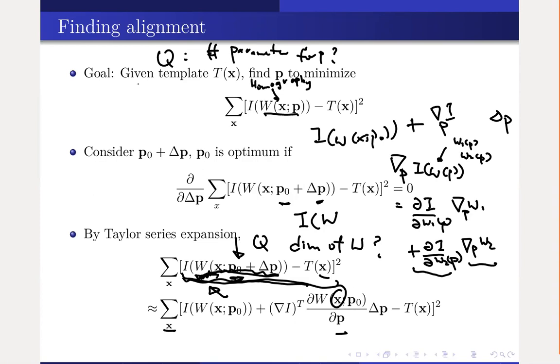Remember, for the homography, you have the input coordinate X represented as a homogeneous coordinate, multiplied by the homography, which is basically a 3 by 3 matrix. But note that in homogeneous coordinates, the scaling doesn't matter.